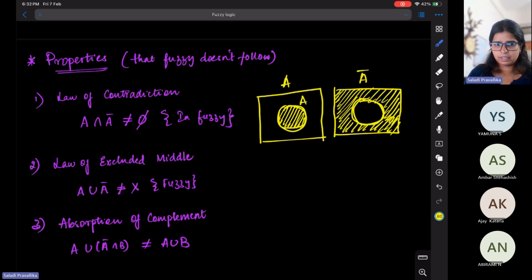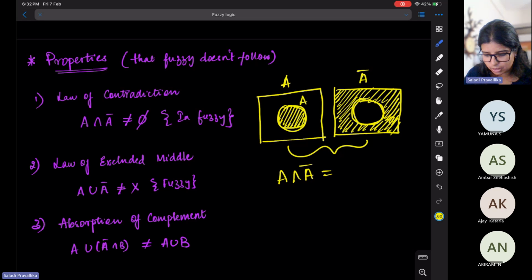There is none. So in this case, A intersection A bar is equal to the null set. There is nothing common between both the sets whatsoever. So this law of contradiction is respected by a classical set. But when we take a fuzzy set, it is not going to respect the same thing.